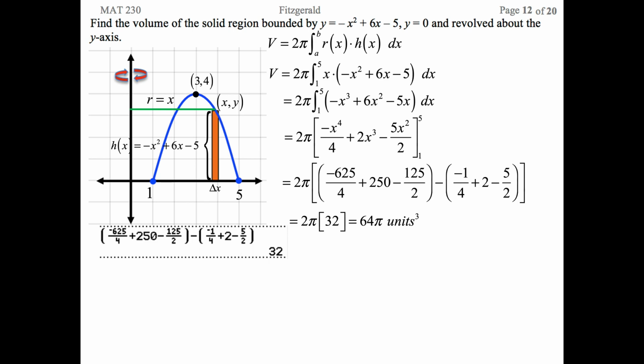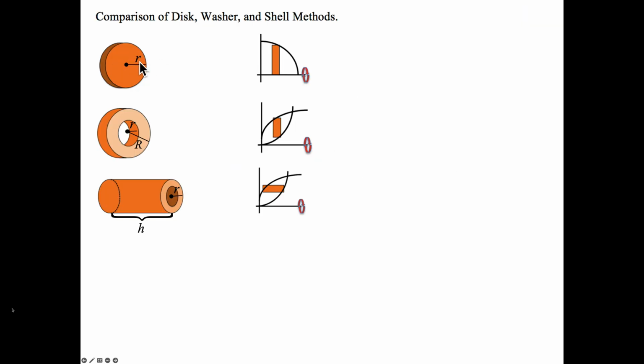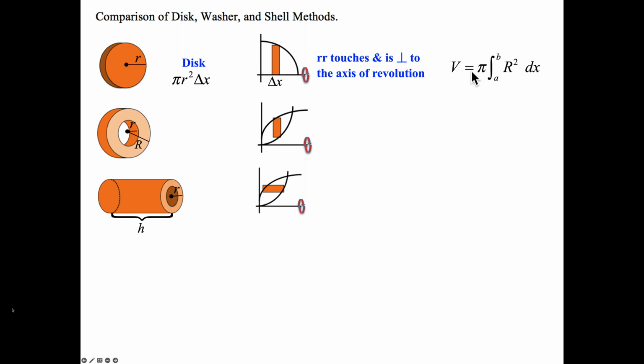Now, just to recap all your techniques, you have your disk. Our formula is pi times r squared times delta x. Remember that your rectangle has to be perpendicular to your axis of revolution, and there is my integral formula, capital R of x squared dx. For the washer technique, we're not touching our axis of revolution.